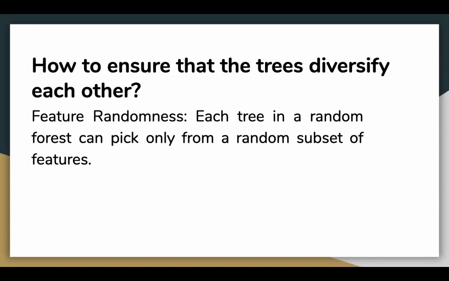This forces even more variation amongst the trees in the model and ultimately results in lower correlation across trees and more diversification. So, since we are selecting random features in multiple decision trees, this ensures that all of the decision trees will be diversified when combined together.